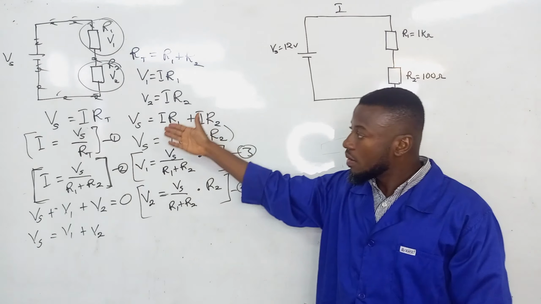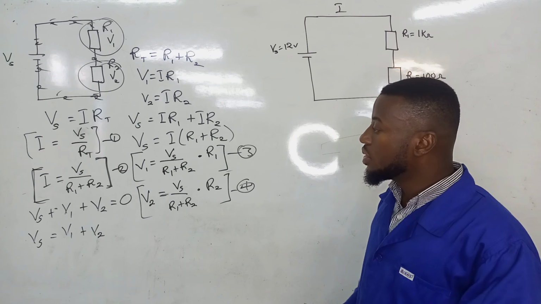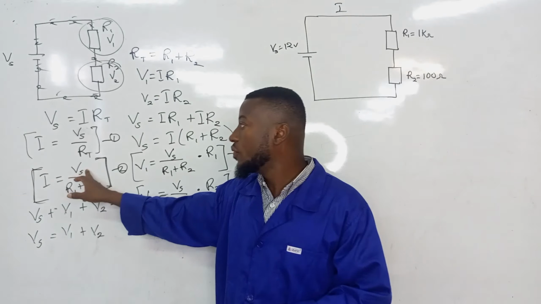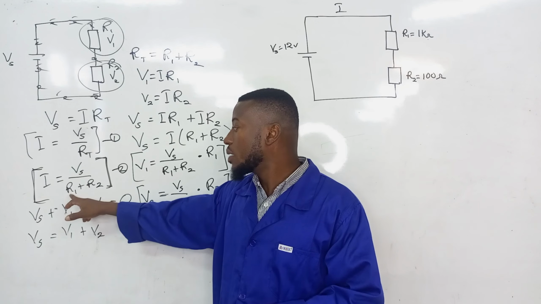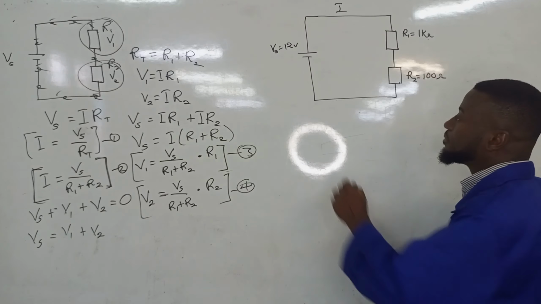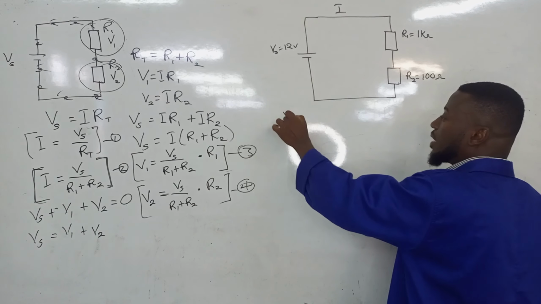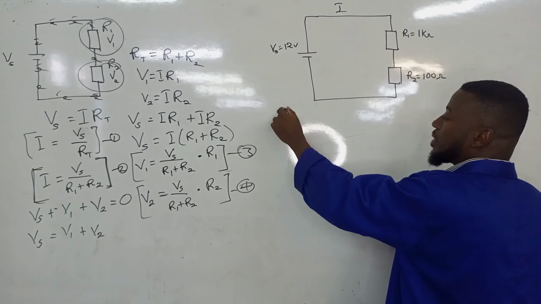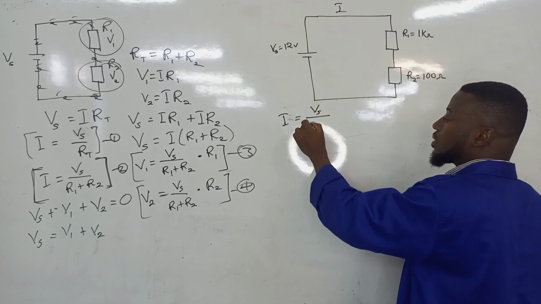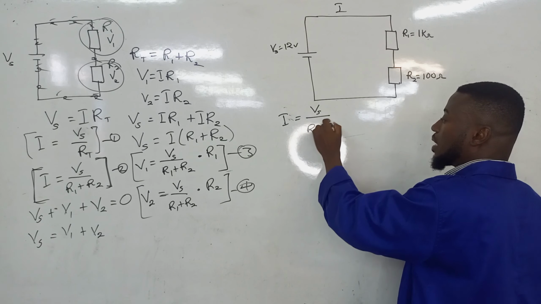From our derivation, we have current to be I equal to Vs on R1 plus R2. So we can quote that I is equal to Vs on R1 plus R2.